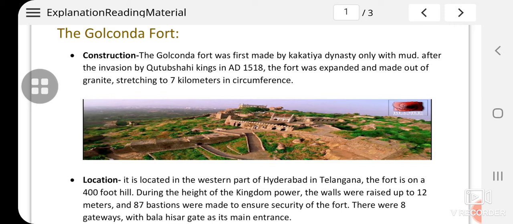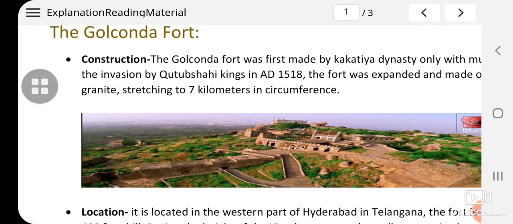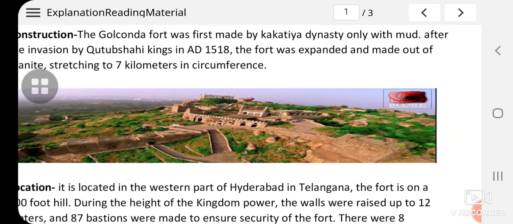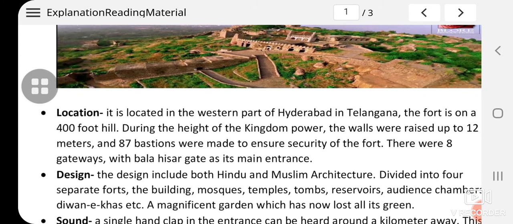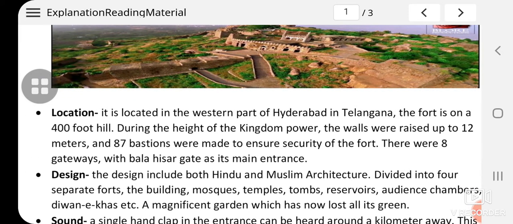See, I have enlarged the picture. Then here is the location. It is located in the western part of Hyderabad in Telangana. The fort is on a 400-foot hill.